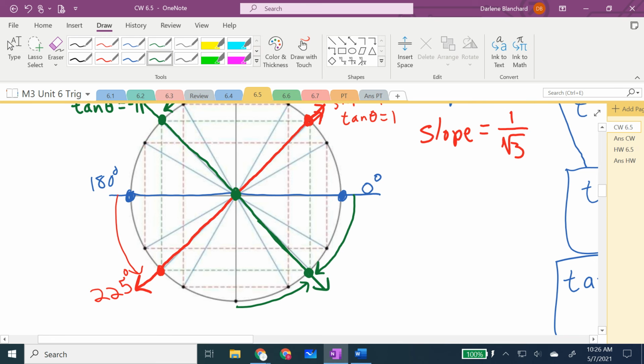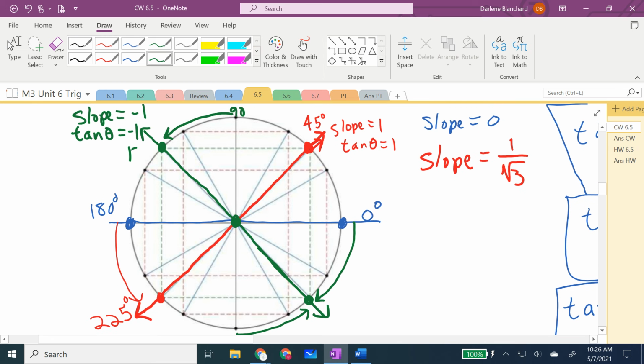This one right here is 135, and this one is 315. And then also if I draw a line with 0 slope through that origin, I know that tangent theta is equal to 0 at angles 0 and 180.